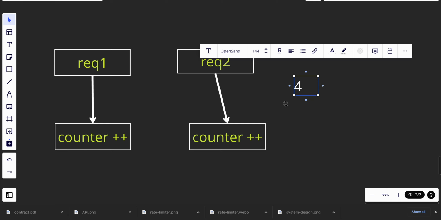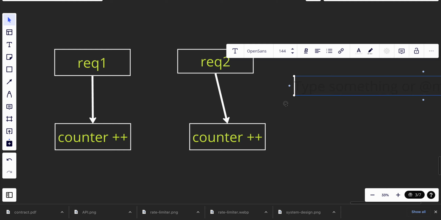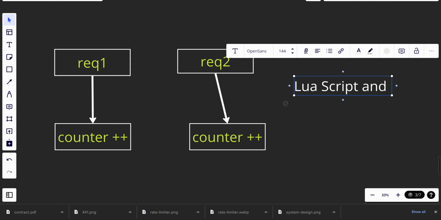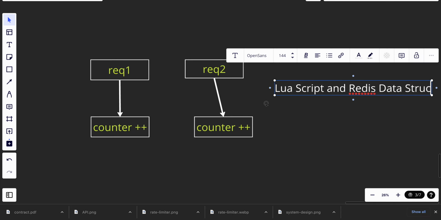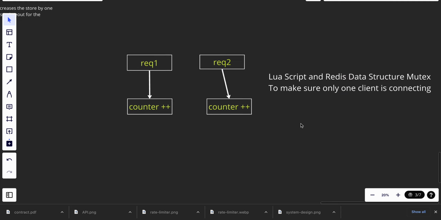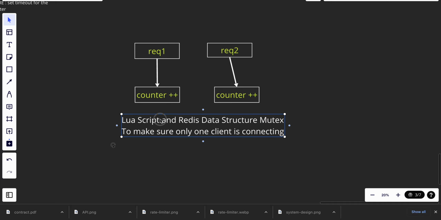This is the way that we solve it: we will use the Lua script and the mutex, the Redis data structure, to make sure only one client is connecting. And that's it for today's video.